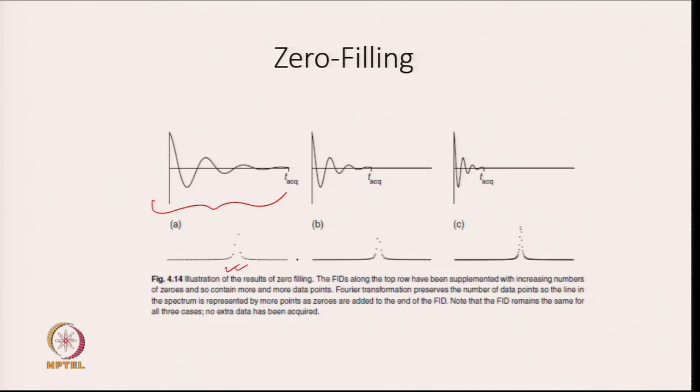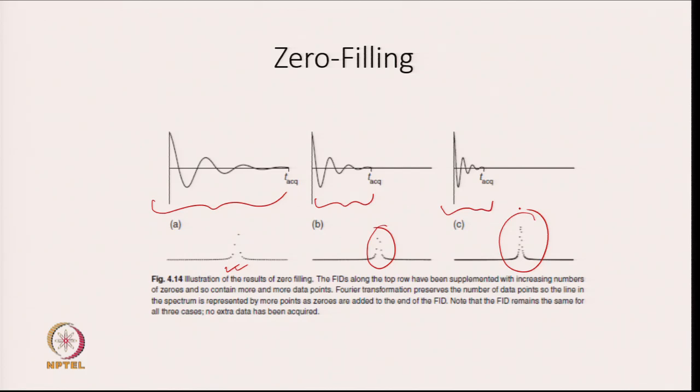If I take a longer acquisition time and keep the number of data points the same, then you will get more data points at this point, and if your acquisition time is small, then you get fewer in this region.